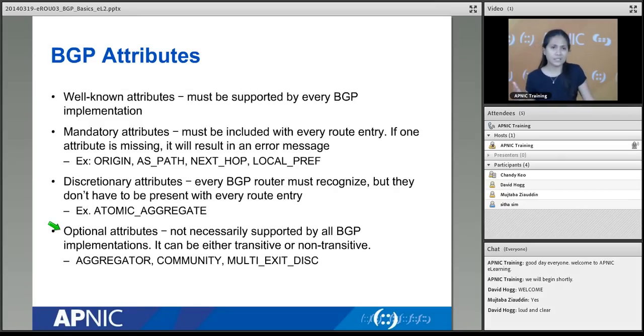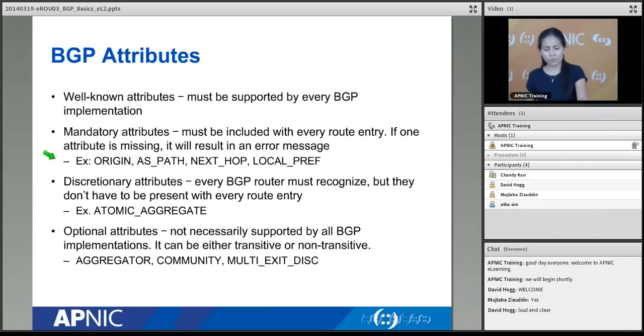But if it's intransitive and I don't understand a specific attribute, I will just drop it. Again, any unrecognized non-transitive options will be dropped from the route information. So these are just categorizations of these BGP attributes.